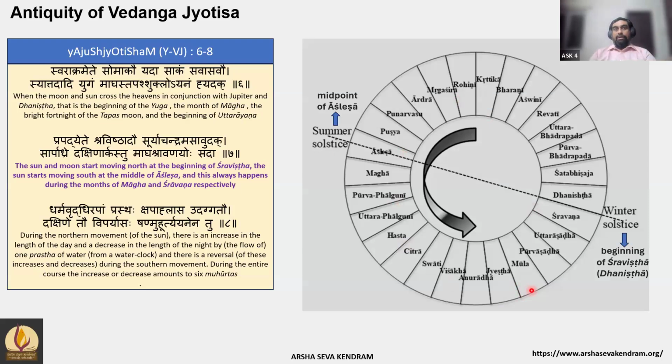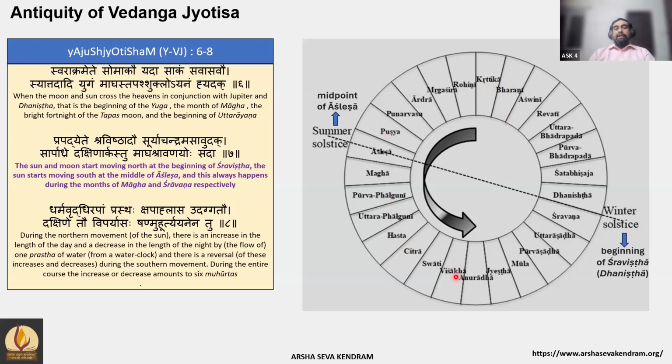If you go and look at the night sky, the zodiac makes a 360-degree circle, the path in which the sun, moon, and the other grahas travel. That 360-degree portion of the sky can be divided into 12 rashis and 27 nakshatras. And you may be familiar with these nakshatras, which start with Ashwini, Bharani, Kritika, Rohini, Mrgashirisha, and so on and so forth.